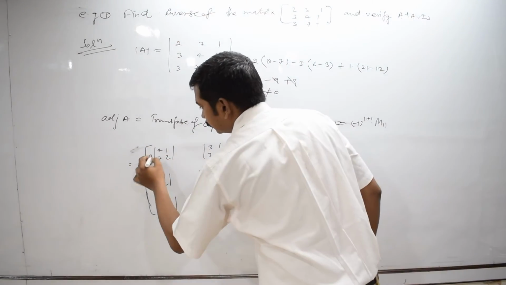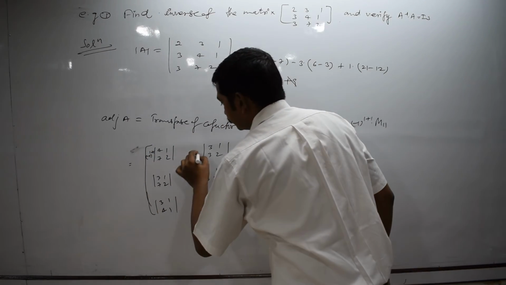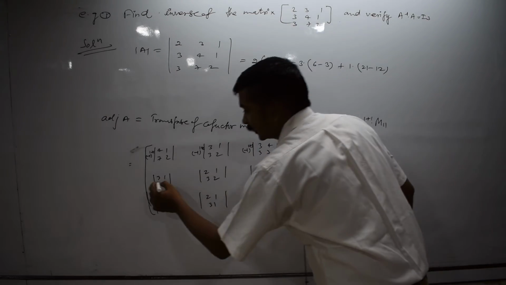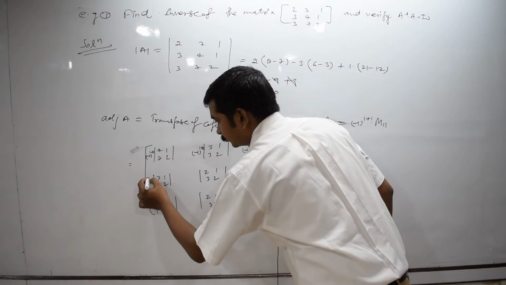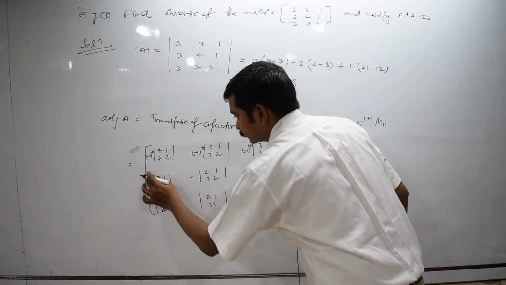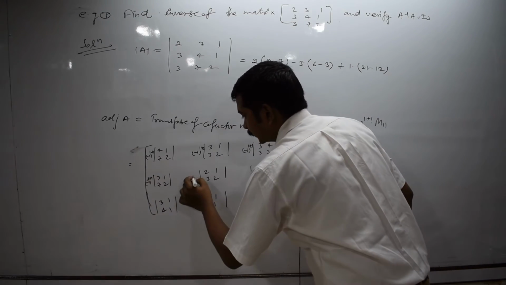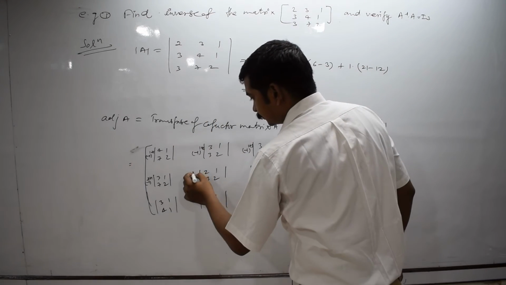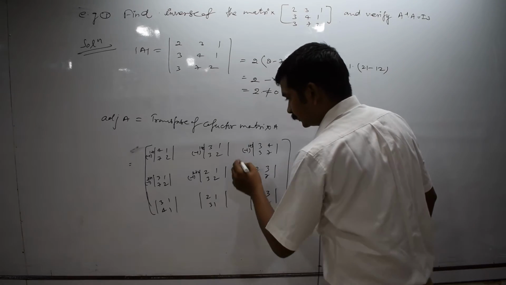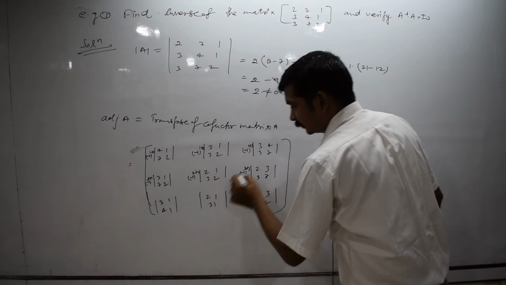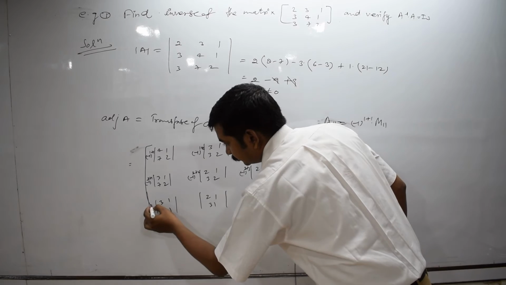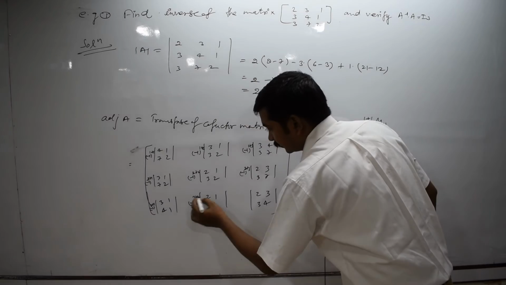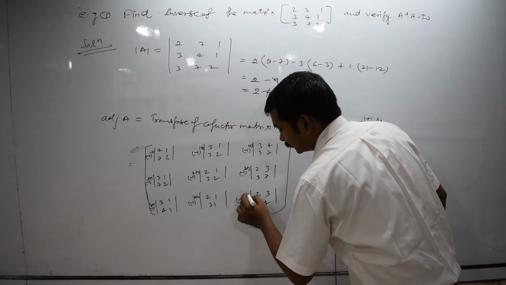So, here will be (-1) power 1 plus 1, (-1) power 1 plus 2, (-1) power 1 plus 3, (-1) power 2 plus 1, (-1) power 2 plus 2, (-1) power 2 plus 3, and this will also be 3 plus 1, and here will be (-1) power 3 plus 2 and (-1) power 3 plus 3.